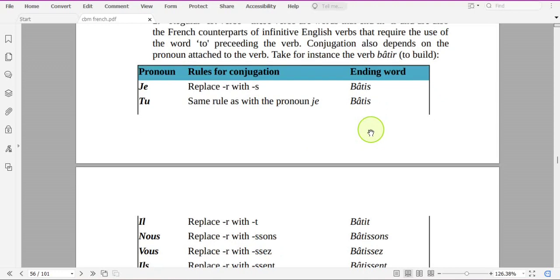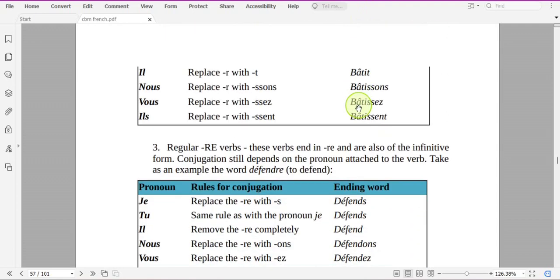Look at it, the rules for conjugation. Je, replace with S: je bâtis. Can you see that? Then tu, the same thing: tu bâtis. For the IR verbs, the conjugated forms are the same for je and tu. Il, you replace it with a T: il bâtit. For nous, you replace it with SSONS: nous bâtissons.